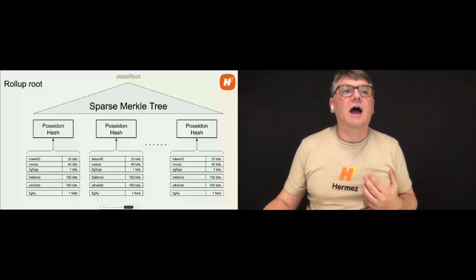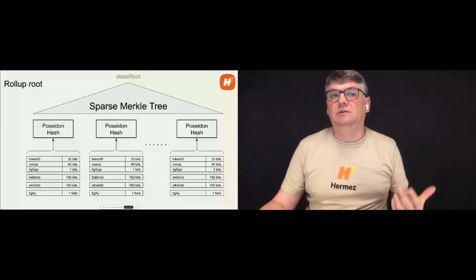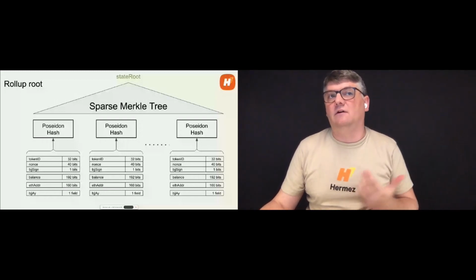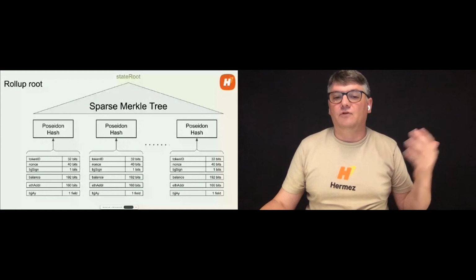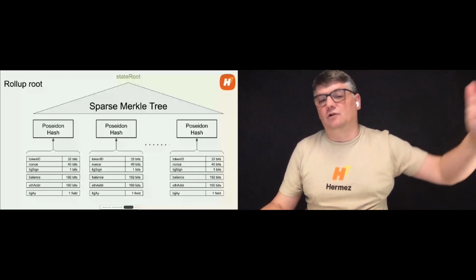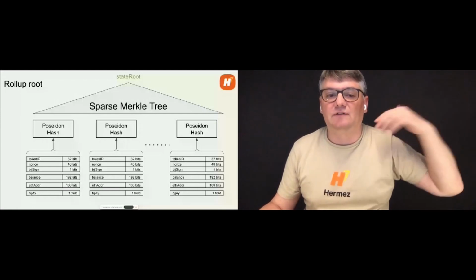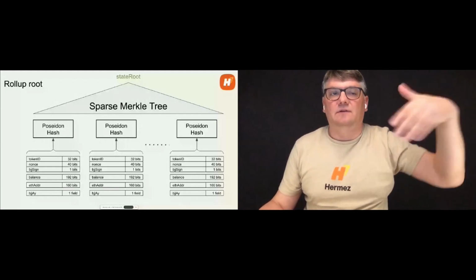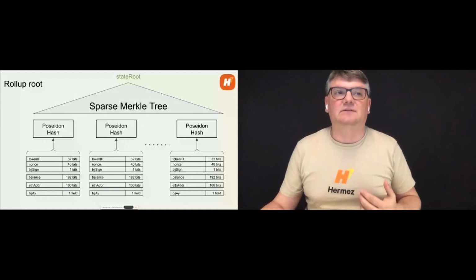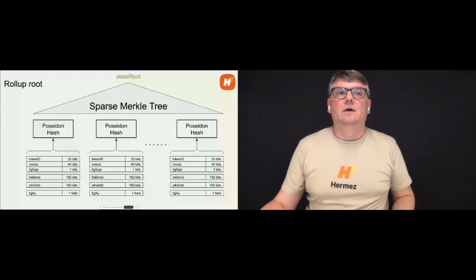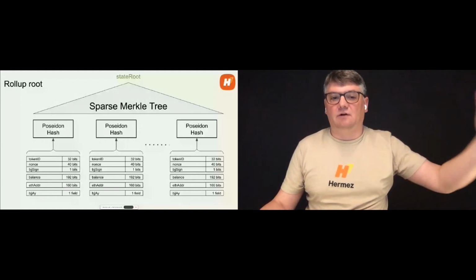Well, mainly what we have in each leaf is a token. It's a token ID, an ID of which token it is. Token 0 is going to be Ethereum. Token 1 we don't know. People can register tokens in the mainnet, and every token will be assigned an ID. So we have a token ID. We have a nonce of this account.